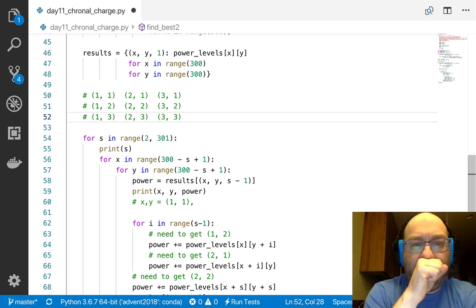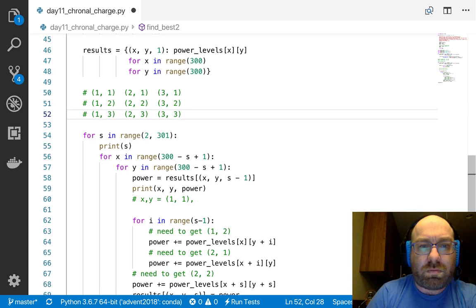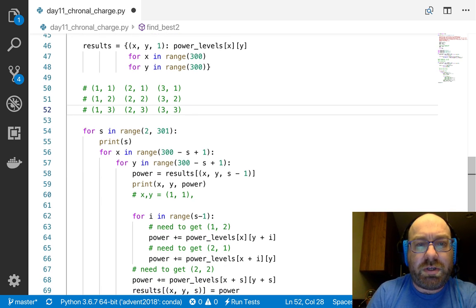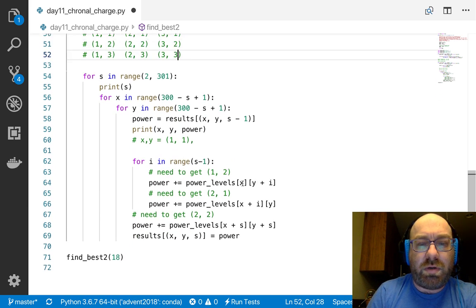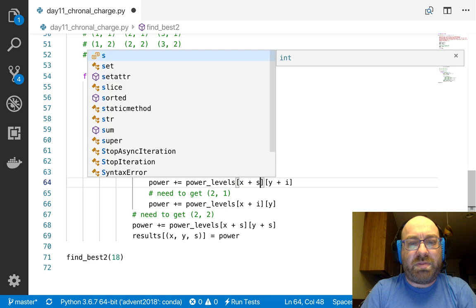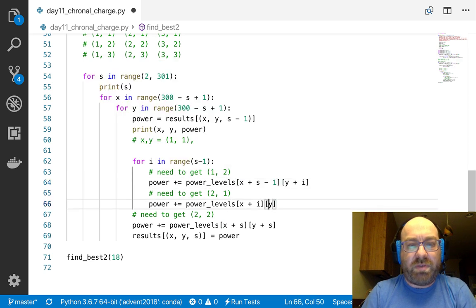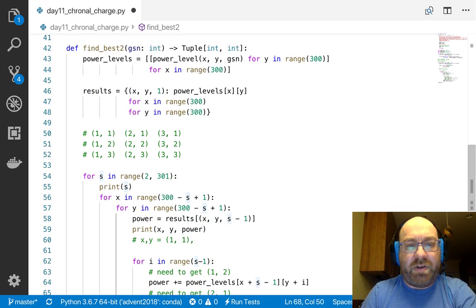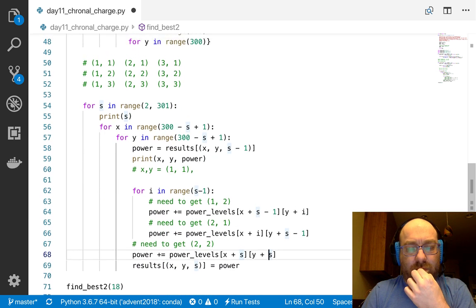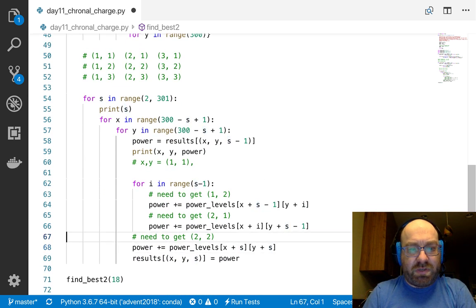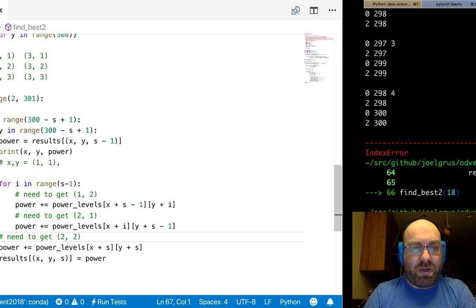So this plus this minus 1, x plus s minus 1, y plus i, x plus i, y plus s minus 1, and then finally x plus s, y plus s. So I feel like that's right.